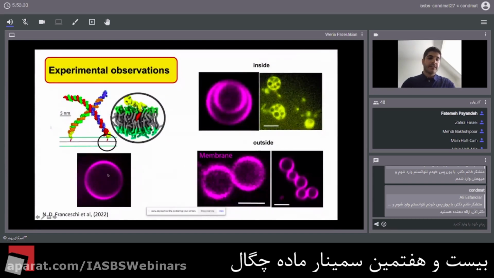So they designed this DNA-based structure, which is like a nanostar, and they are connected to a cholesterol molecule through a single-stranded DNA. And then what they see is that this structure can create these stomatocyte structures and also this dumbbell-shaped structure.